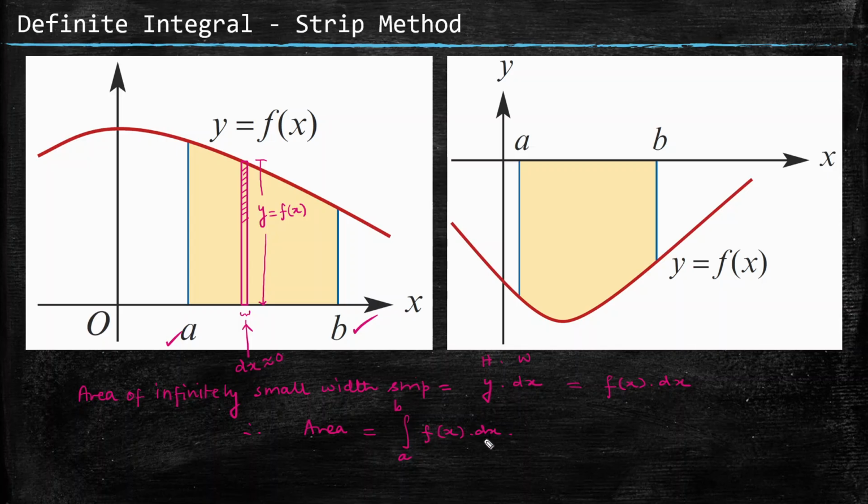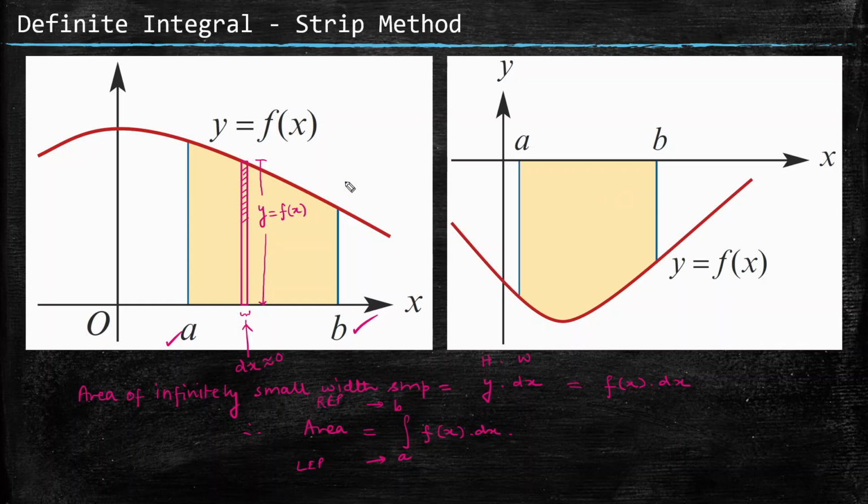Then when we add them up with the help of integration from a to b, the left hand point should always be a, and this is the right. So when we add them from left to right, from a to b, the bottom should always be a and the right part should be b, at the top of the integral. And this is how we calculate.